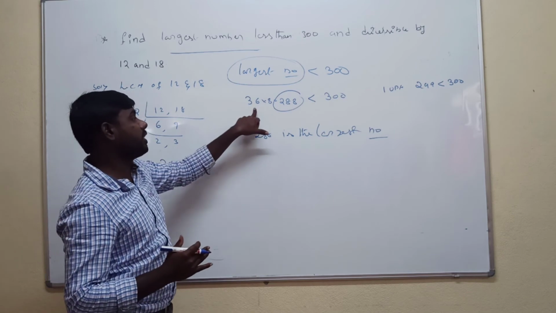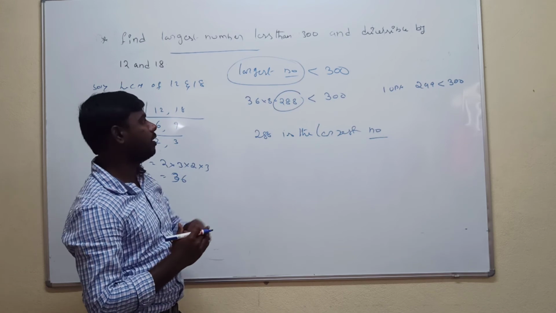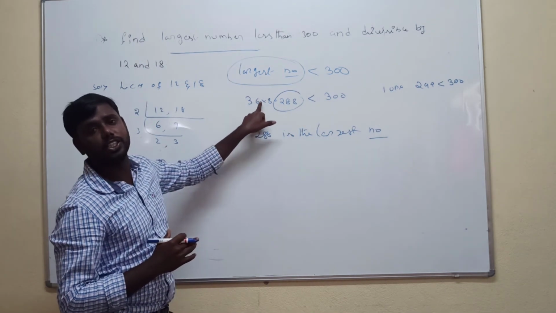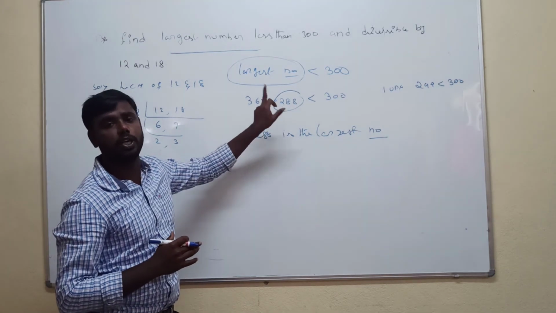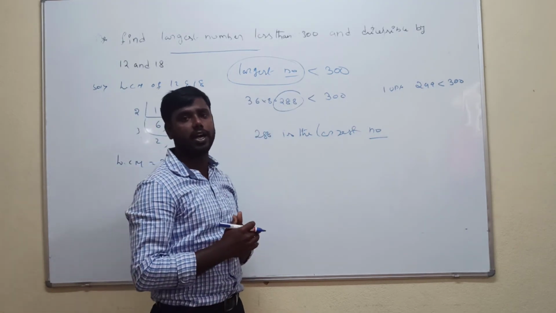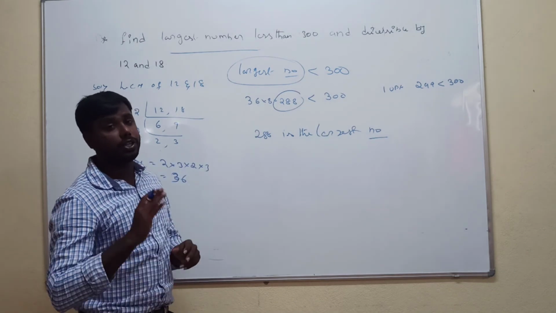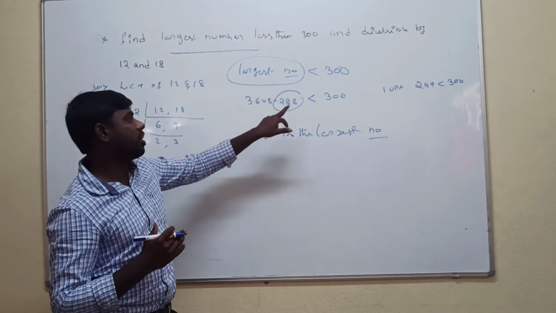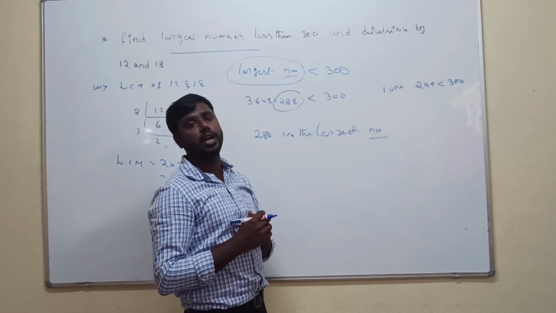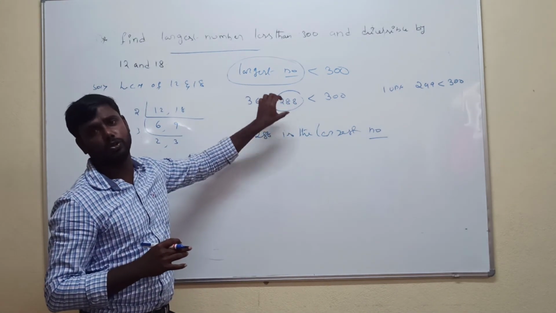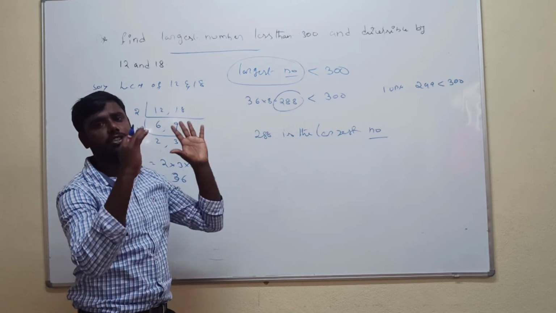But which number should 36 be multiplied by to get the largest value less than 300? The possibility is 8: 36 into 8 is 288. Suppose 36 into 9, the product is 324, which is not less than 300. That's why only 288 is the possibility. So 288 is the largest number.